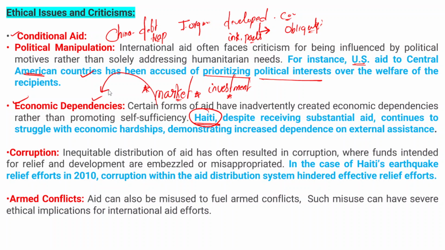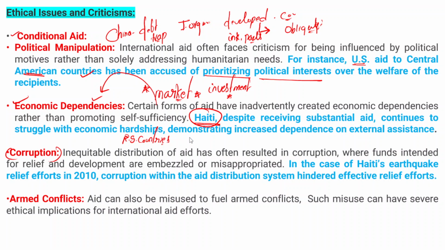And the other major ethical issue in foreign aid is corruption. Corruption is one of the most crucial ethical problems. When foreign aid is given to these resource starved countries, very often the foreign aid has either been diverted, or the political class has been taking over the aid.